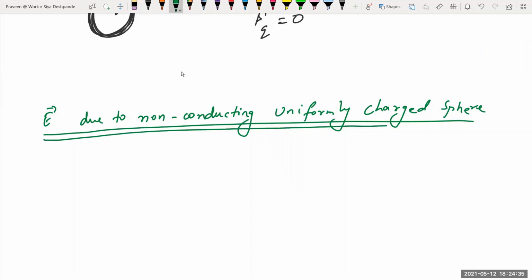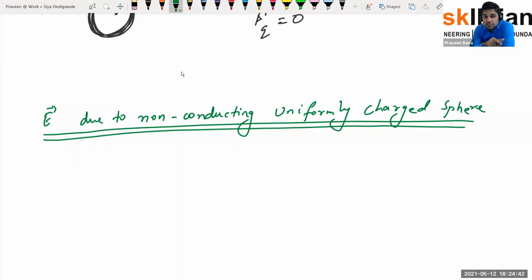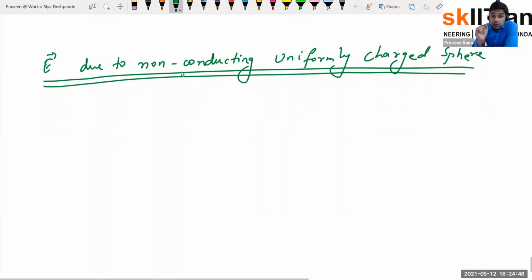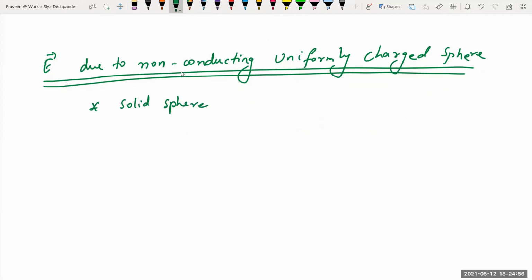Hollow. How? Uniformly charged. That means charge is present everywhere. The density is same. Whenever you are told that uniformly charged, this specifically means that the sphere is a solid sphere. The charge is also present inside.